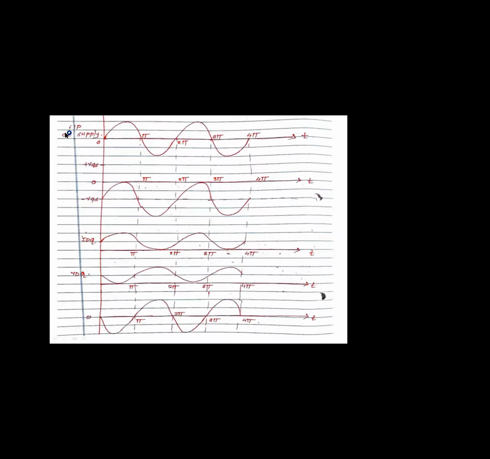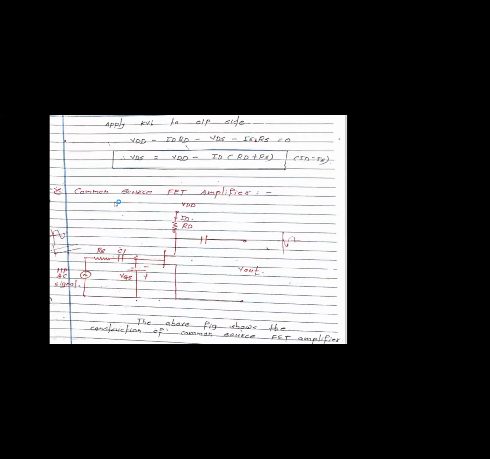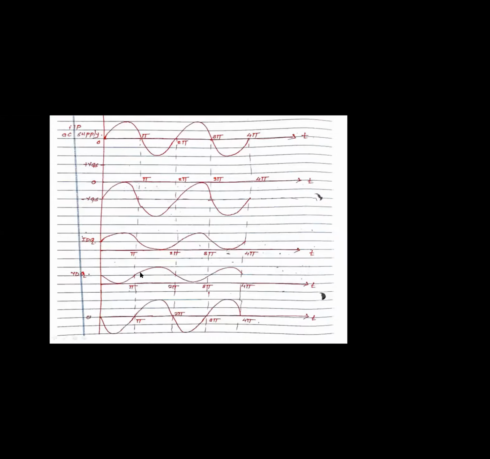AC indicates it has the positive as well as negative half cycle, right? After all that, we have applied the negative VGS. Negative indicates below the axis. See, below the axis, negative voltage is applied across your plate. Now see IDQ, what it indicates.